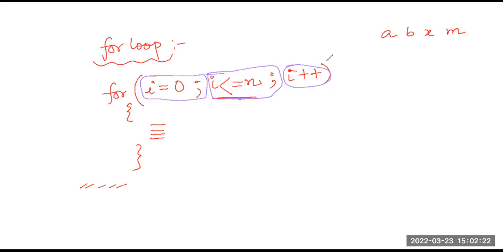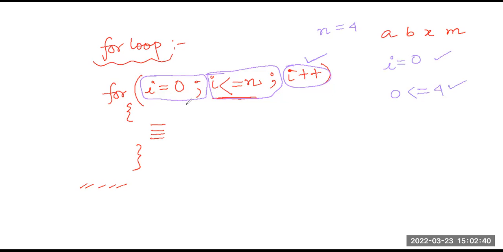And with every iteration, that is first time I was 0, okay, then suppose my n is 4, first time your I is 0, you will check this condition, is your 0 less than equal to 4? Yes.